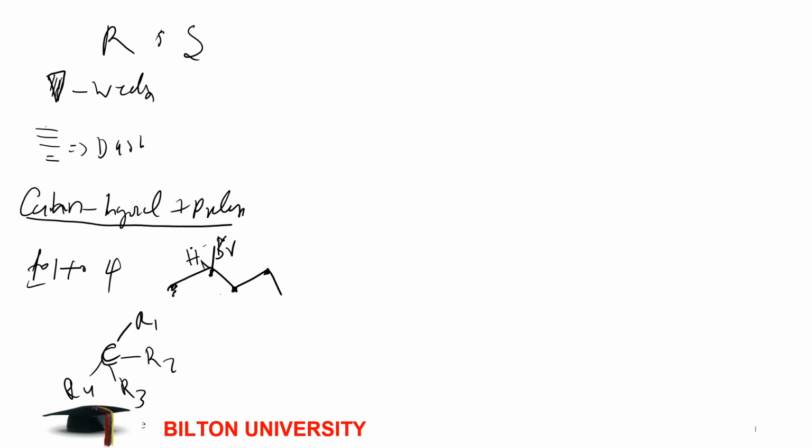Now, sometimes it happens that, in this case for example, let me add another carbon here. If you look at this chiral center, these 2 carbons are also attached to another carbon, so it reaches a point whereby these 2 carbons are the same. These have 2 protons, these have 2 protons. So we go next to the other atoms which are attached to them, to help us see which one is going to get the highest priority.